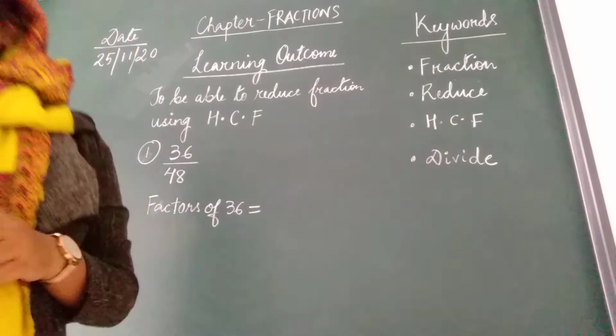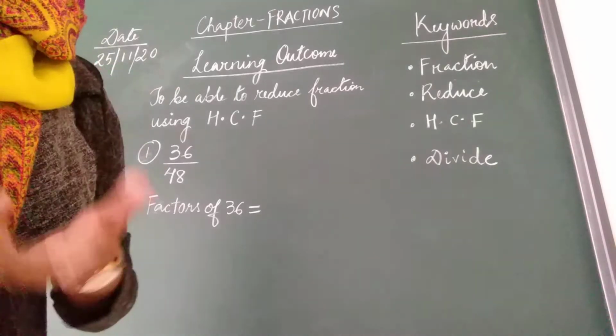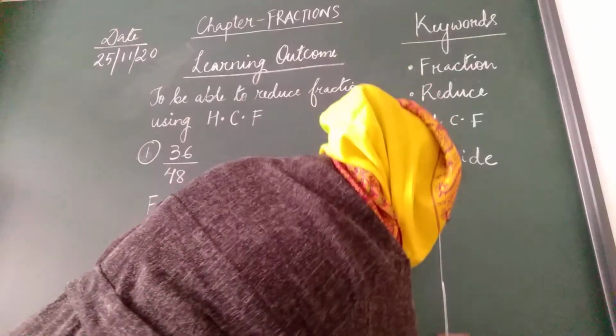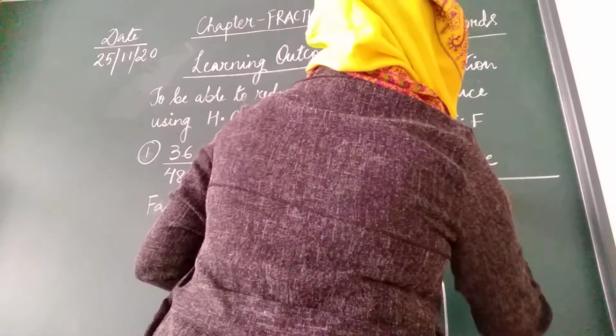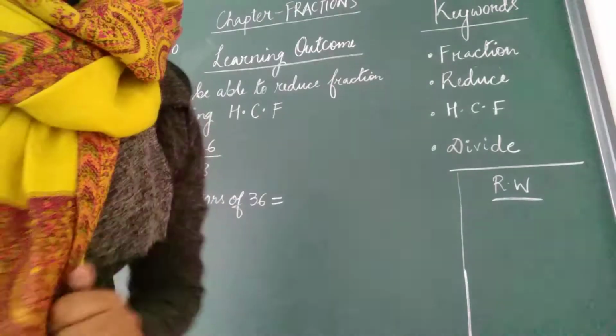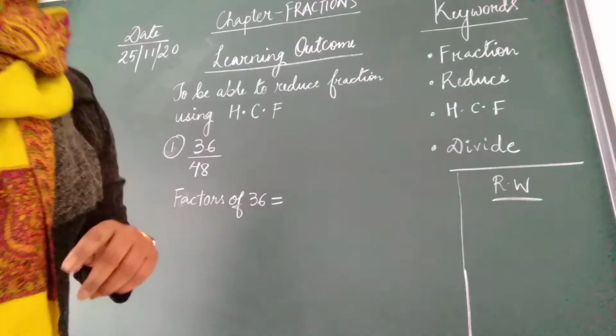The factors of 36 you are going to find by dividing, alright, in the rough work column to be drawn on the right hand side. We will find it out here in the rough work column, and then we are going to write down the factors.